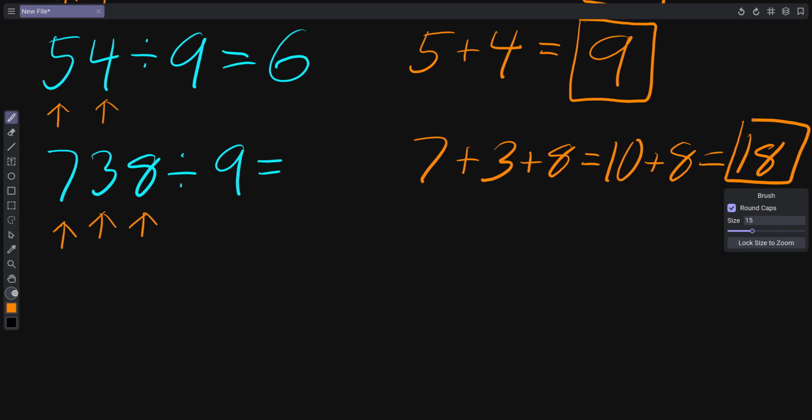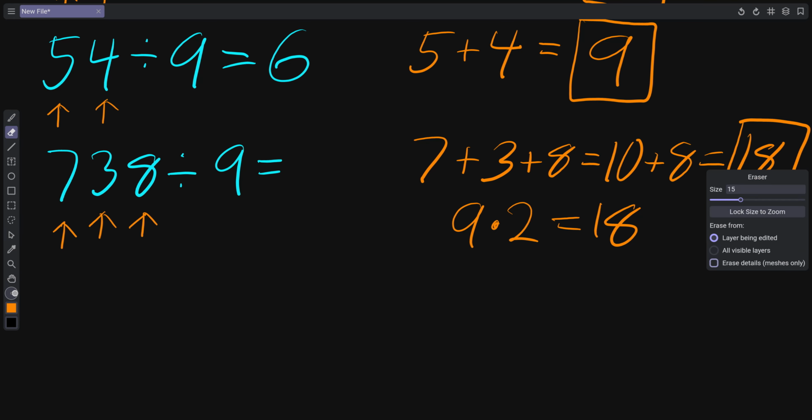And 18 is in fact evenly divisible by 9, because 9 times 2 equals 18. So, because 7 plus 3 plus 8 is evenly divisible by 9, because that gives us 18, we also know that 738 is evenly divisible by 9.